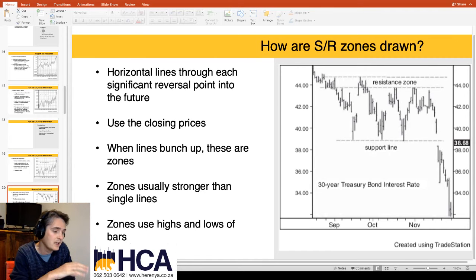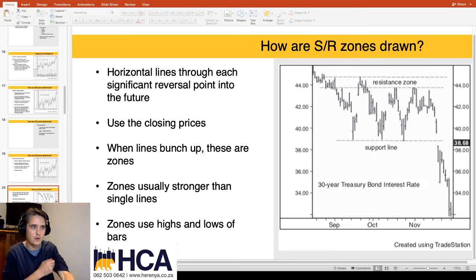As I said earlier, they are approximate areas. So I like to draw boxes on my charts sometimes, because that shows the area in which the sellers are stepping in, or the buyers are stepping in. It's not like it hits 52 Rand and 10 cents and there it turns; it's not that precise. Sometimes it'll go down through 52, sometimes it won't even make it to 52, but in that zone is where the buyers start coming in and lift it up, as an example.